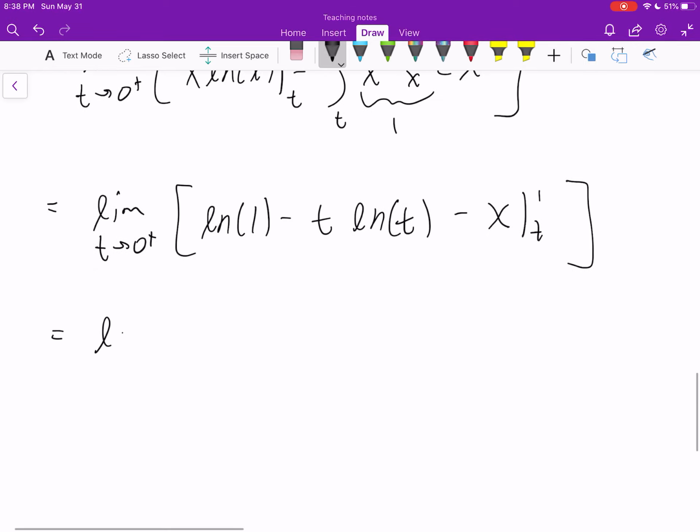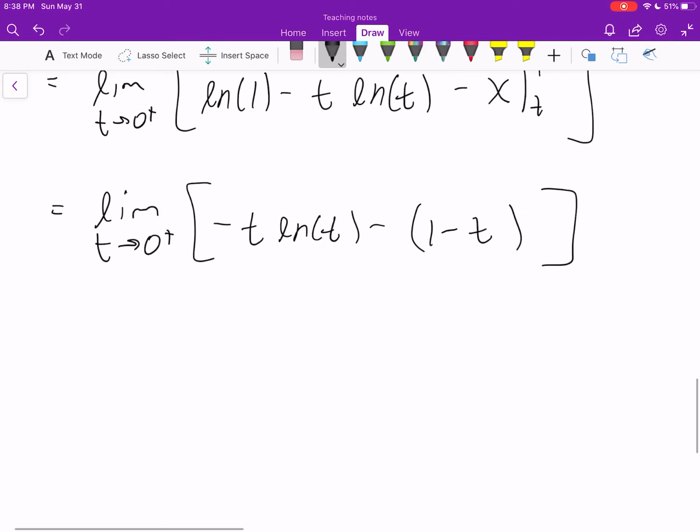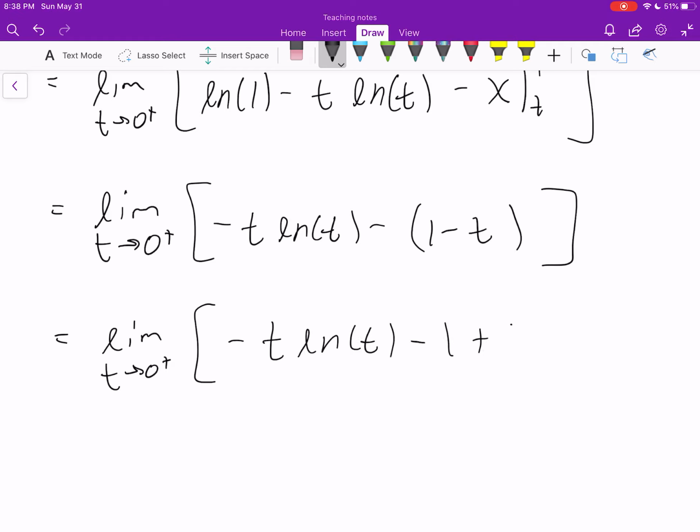Ln of 1 is 0, so I get minus t ln of t, and then minus, when I plug these in, 1 minus t. So the limit as t approaches 0 from the right of negative t ln of t minus 1 plus t.